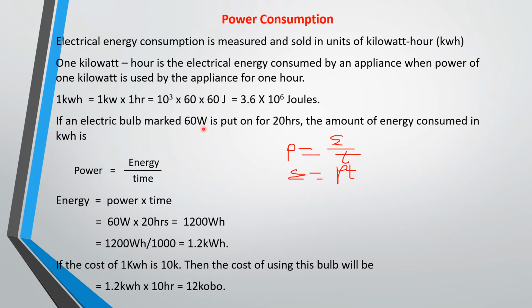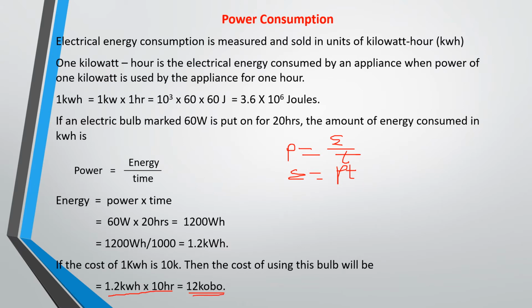Assuming you have an electric bulb marked 60 watt that is put on for 20 hours, the amount of energy consumed will be 60 times 20, which gives you 1.2 kilowatt hour. Now, if energy is charged at maybe 10 kobo per kilowatt hour, the total energy cost when you use this bulb for 10 hours will be equal to 12 kobo.